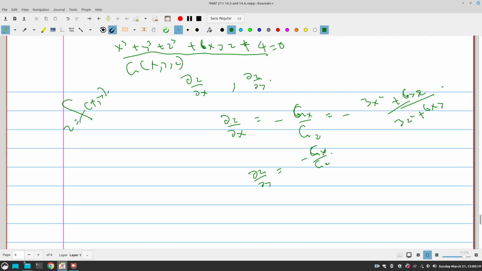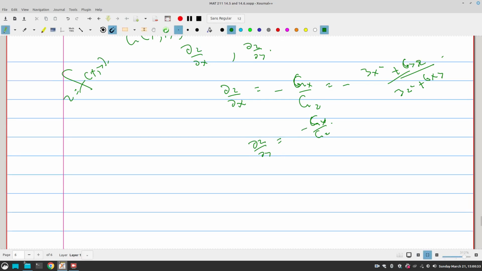When we worked with partial derivatives with respect to x and y, we were thinking about derivatives in the x direction or the y direction, meaning where only x or y changes. So now we look at direction. We want to look at how a function changes in any direction.